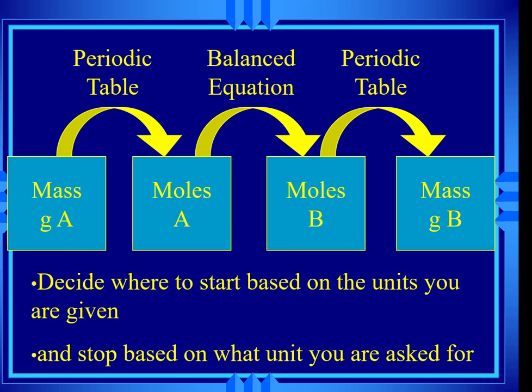So the units will tell you where to start. If they give you grams, you've got to use the periodic table. If they give you moles, you're ready to change chemicals. If they ask you for grams, you're going to need the periodic table. If they ask you for moles, then you stop at the balanced equation. So at most you would do 3 conversion factors.